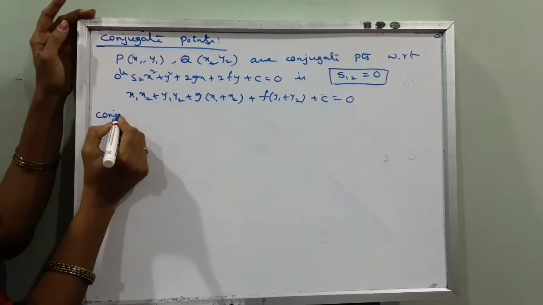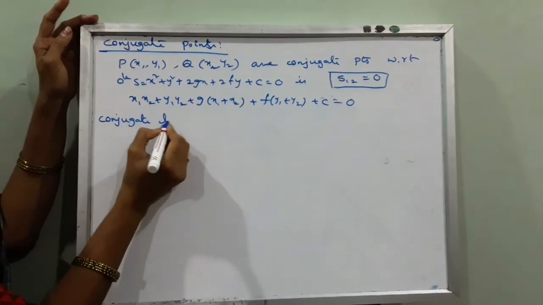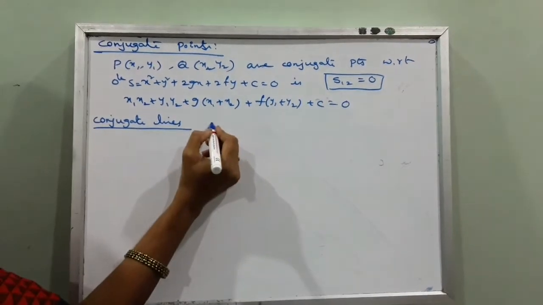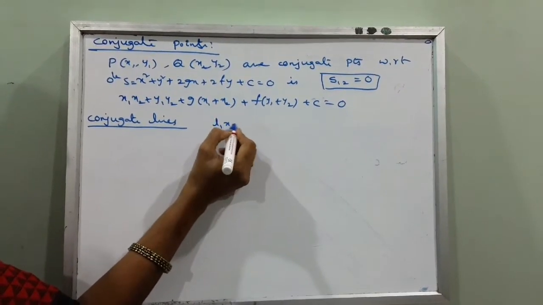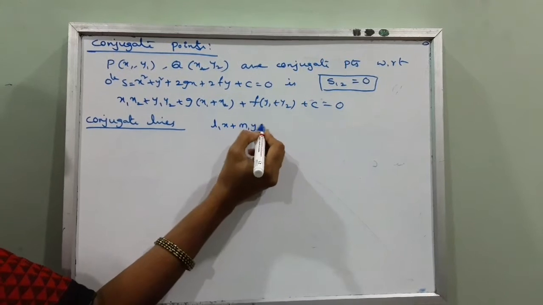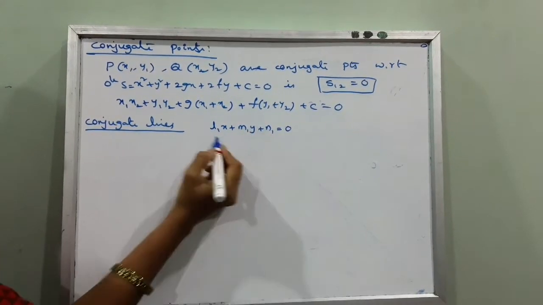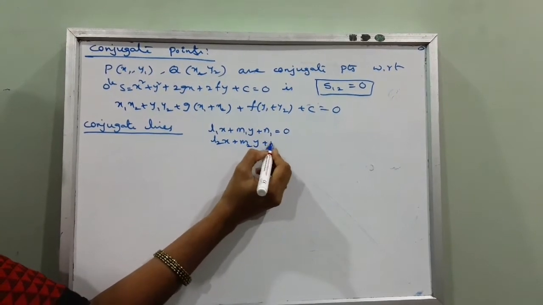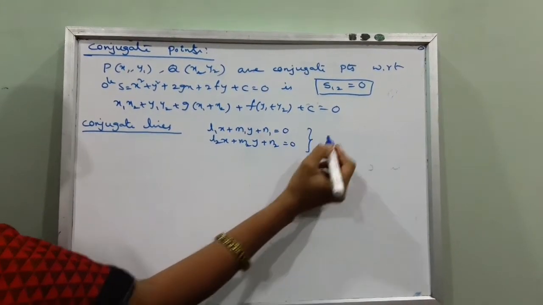Next one is conjugate lines. Here the lines are: the first line is L1x plus M1y plus N1 is equal to 0 and L2x plus M2y plus N2 is equal to 0.